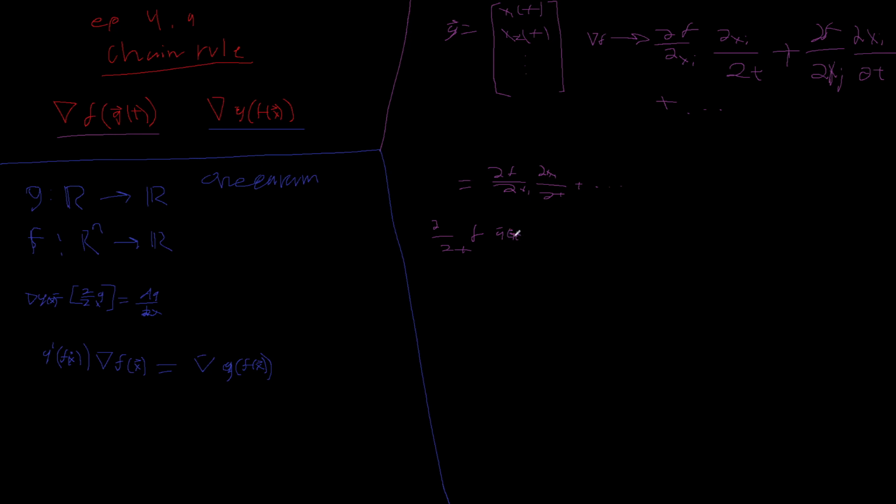We end up with this really long sum, and we can split it up, because if you look at nabla f, it's just the partial of f over partial x1, partial of f over partial x2, and so on and so forth.